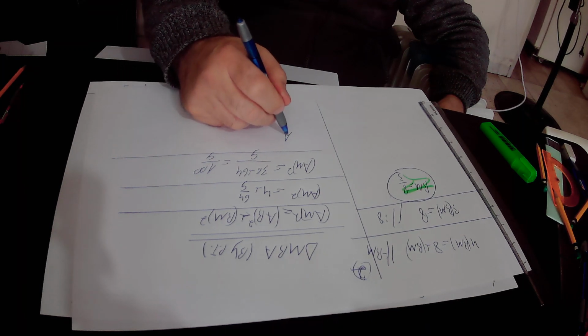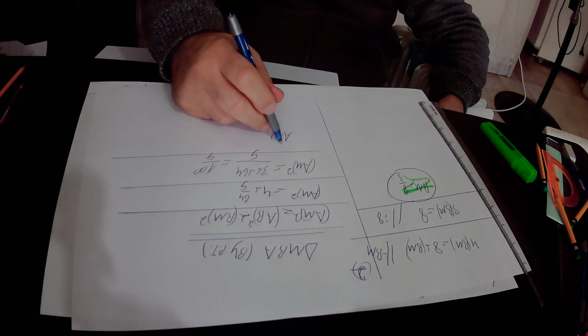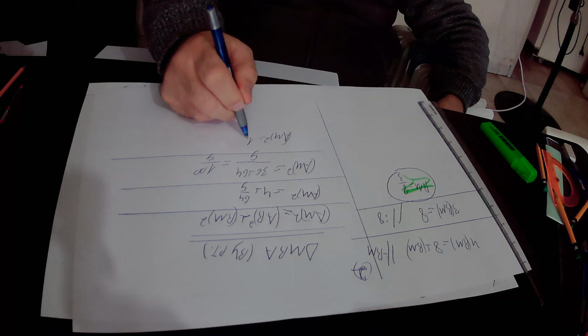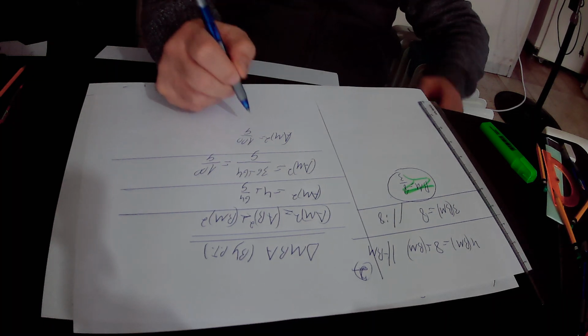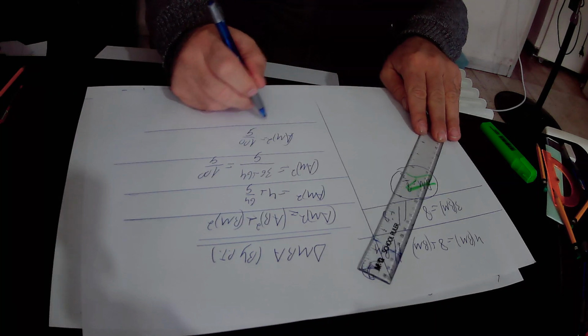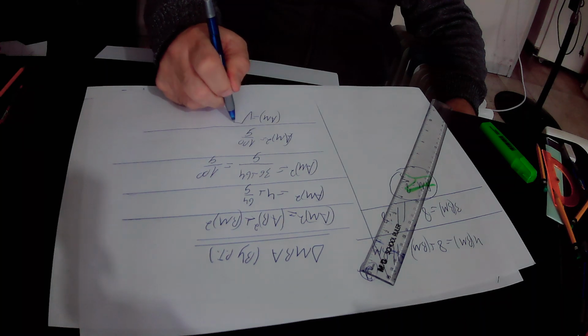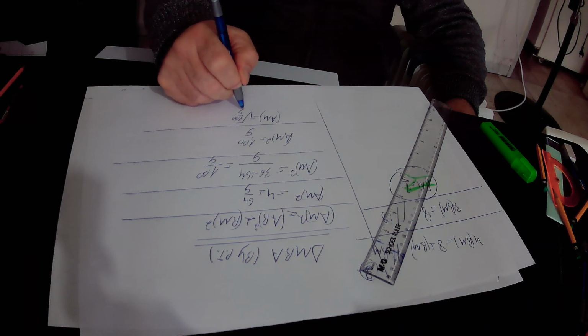Here we take a root of this equation. AM squared equals 100 over 9. So we take a root, and finally we get that AM equals the square root of 100 over 9.